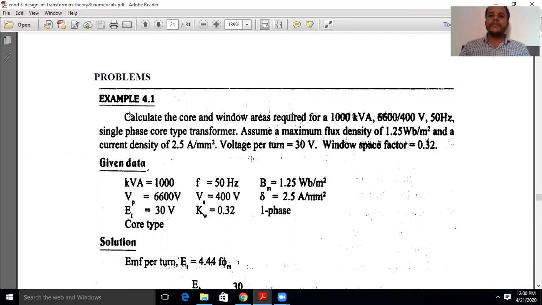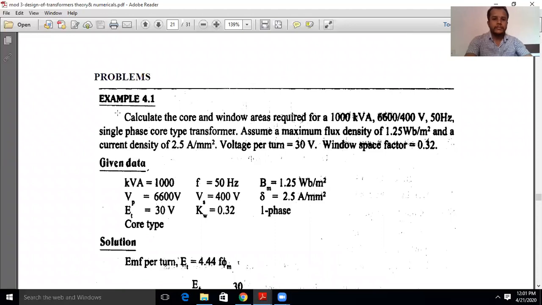Assume a maximum flux density of 1.25 Weber per meter square and a current density of 2.5 ampere per millimeter square. Voltage per turn is equal to 30 volt. Then the window space factor is given, that is 0.32. So this is the example which is given.